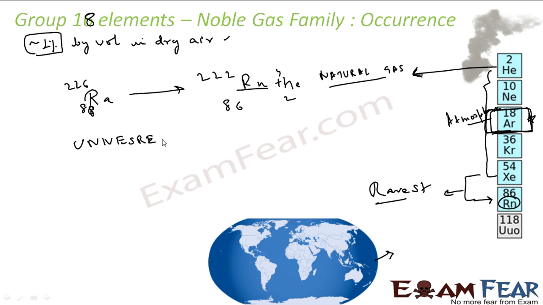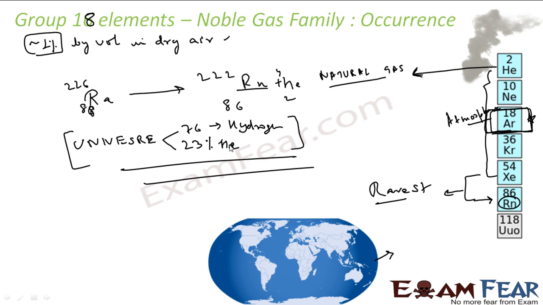If you talk about the universe, helium is the second most abundant element. 23% is helium in the universe, and 76% is hydrogen. If we talk about Earth, we have a good amount of nitrogen. But the universe has a huge amount of helium and hydrogen. Helium is the second most abundant element in this universe.